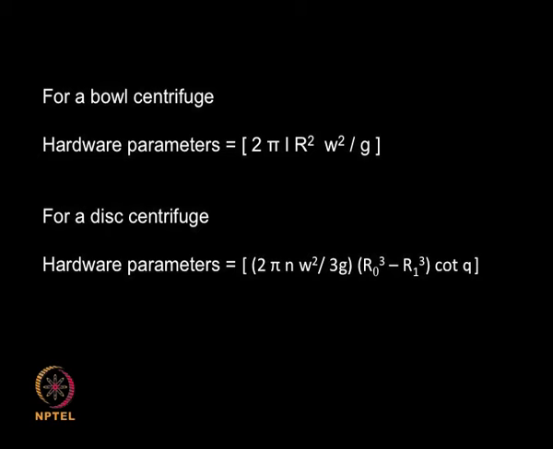N is the number of discs, and then you have terms like radius of the disc and the angle the discs make with respect to the central axis. But basically these terms relate to the hardware of the disc centrifuge, and this term relates to the hardware of the bowl centrifuge.